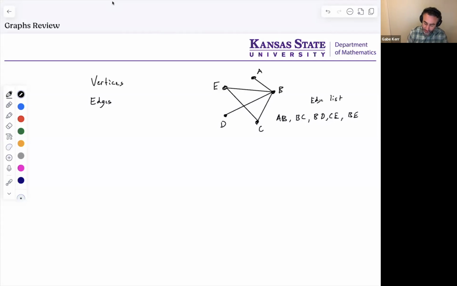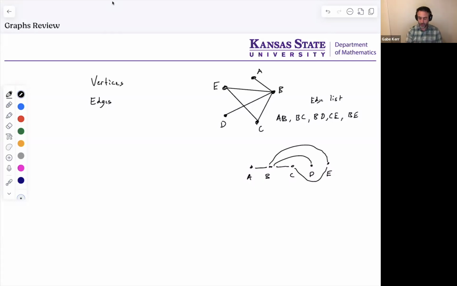And something I mentioned in lecture, but maybe your instructor will also mention, is that you can draw a different picture. Let's say we had A, B, C. I'll still label these dots A, B, C, D, E, and I can draw a picture: AB, BC, BD, CE, BE.